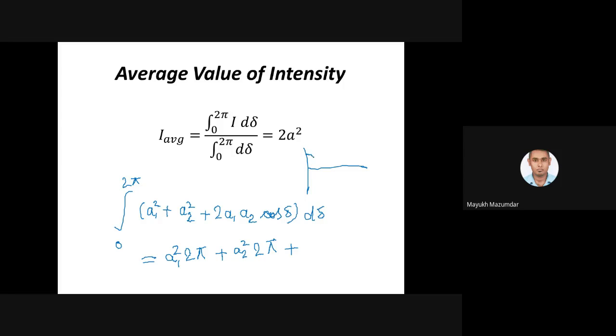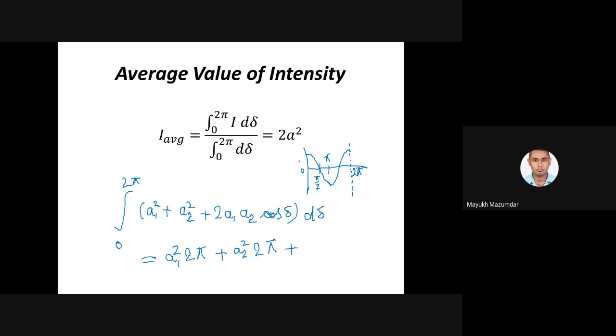So cos 0 is 1, cos 90 degrees is 0. This is one cycle of cos. This is 0, this is pi by 2, this is pi, and this would be 2 pi.